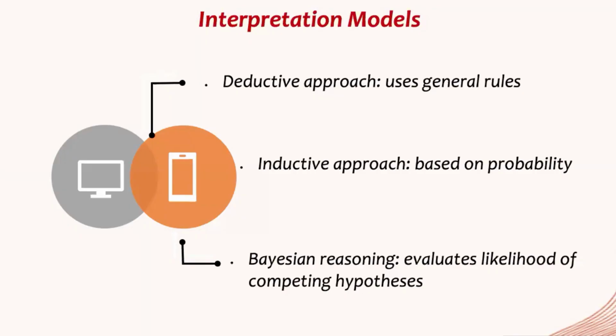The inductive reasoning uses probability. It's based on likelihood. And then we have the Bayesian reasoning, which compares competing hypotheses based on likelihood also. In other words, the Bayesian compares competing explanations.